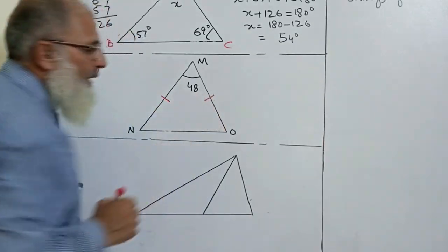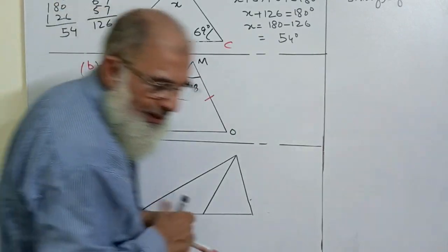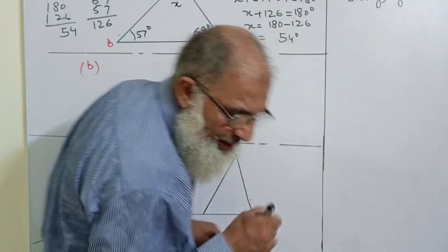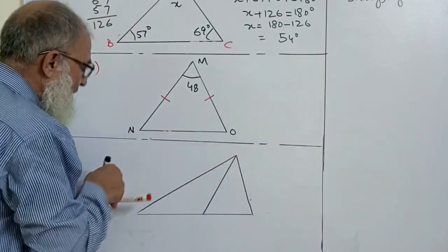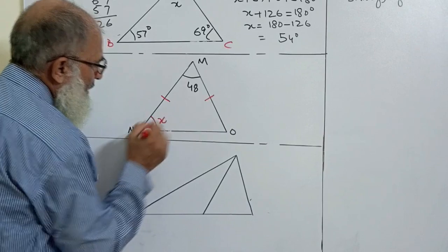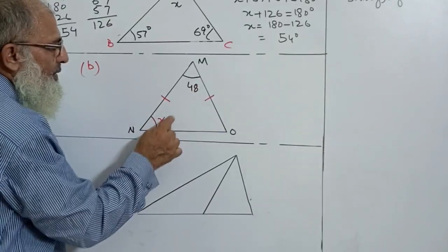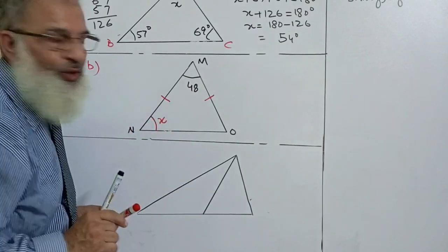Two short lines. These two short lines mean that these are equal in length. Now we have to find angle x over here.